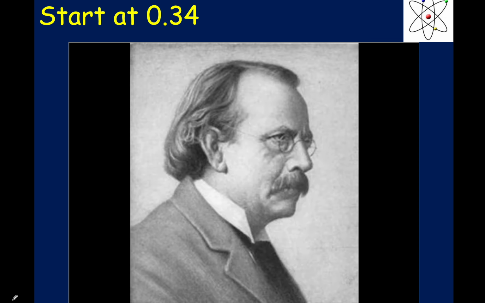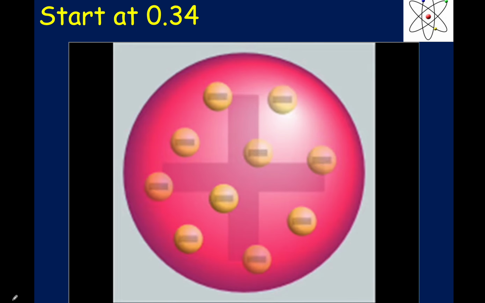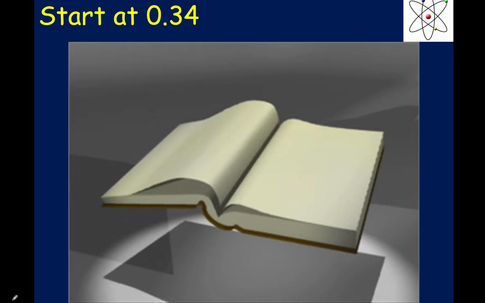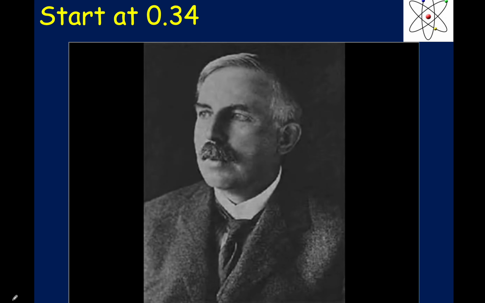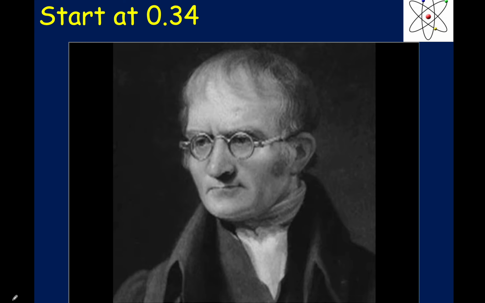Thompson worked with cathode rays, said I disagree. A plum pudding model makes much more sense to me. A new chapter in atomic theory started to unfold when Rutherford played around with atoms made of gold. When a few of his alpha particles came bouncing back, he hypothesized the nucleus had knocked them off the track.